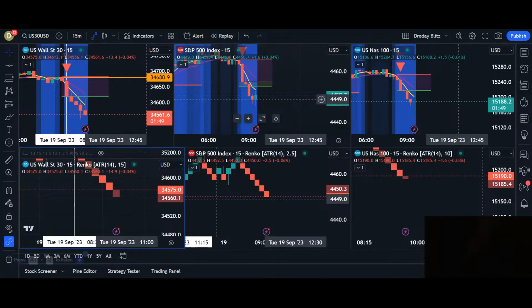So if you were in those trades at the beginning of the move, you are currently in profit. So that's perfect here. So less than 2 minutes before the next candle.